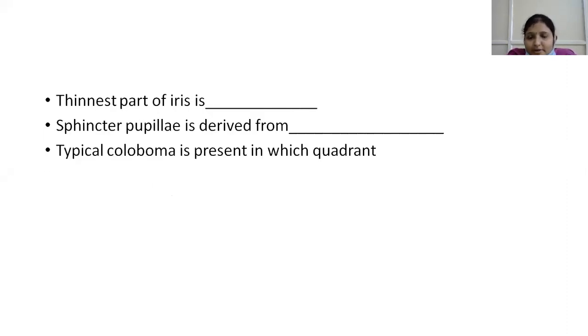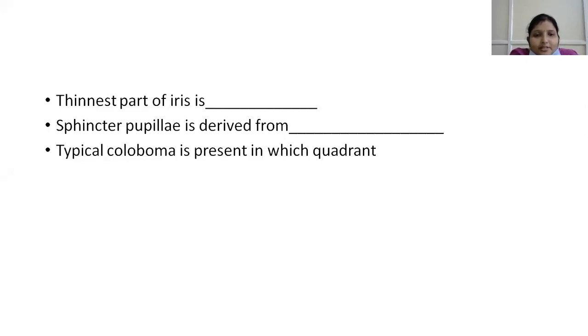What is the thinnest part of the iris? Iris root, very good. So because iris root is the thinnest part, during any injuries there will be iridodialysis. Next question.